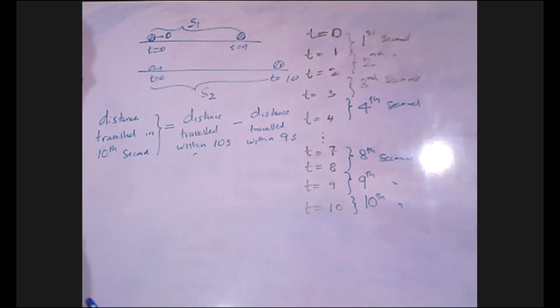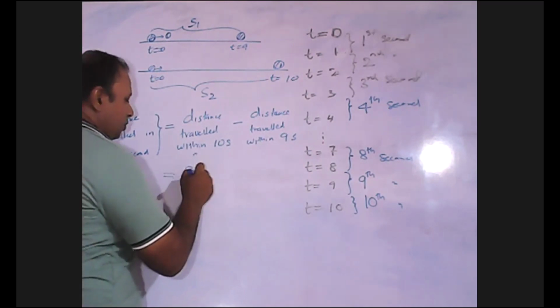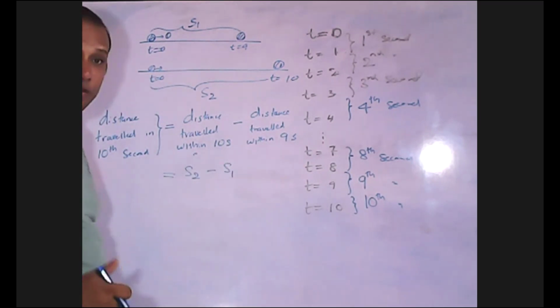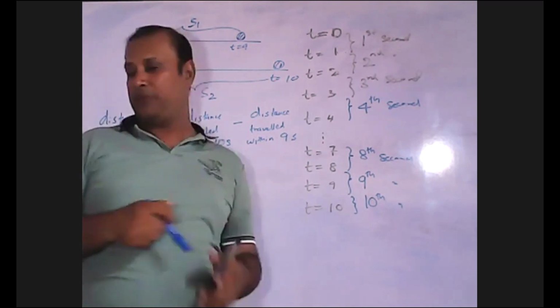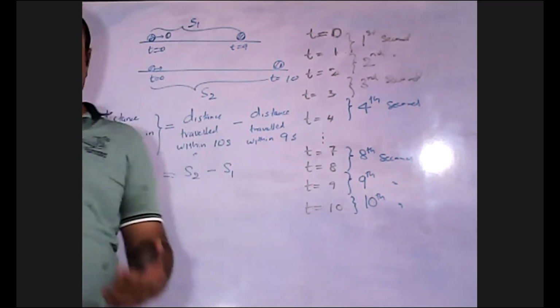Therefore, distance traveled in the 10th second is equal to S2 minus S1. Now you have to find S1 and S2 separately, then after that you can get the answer.